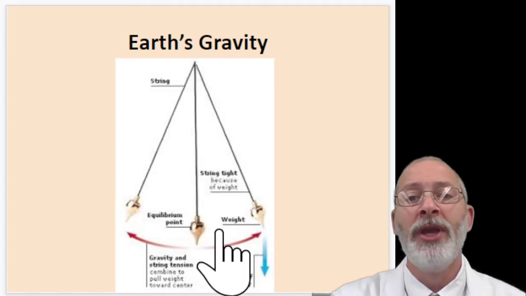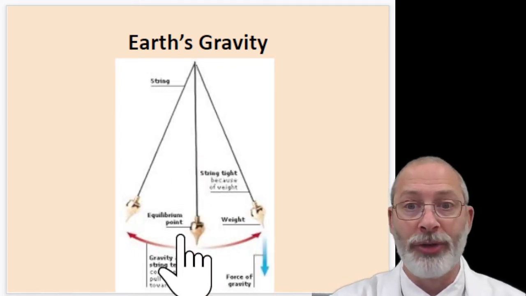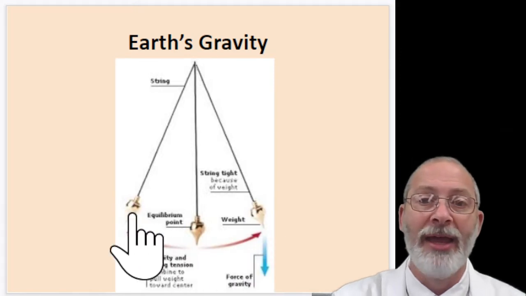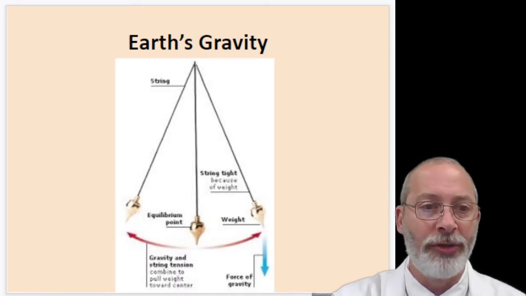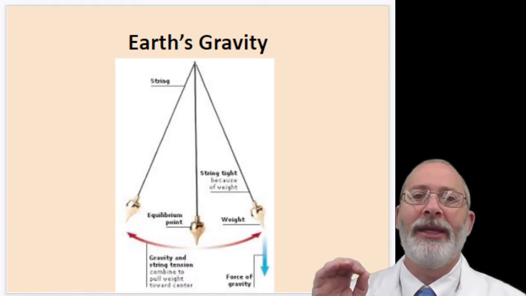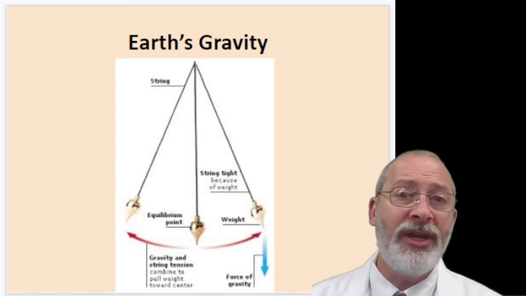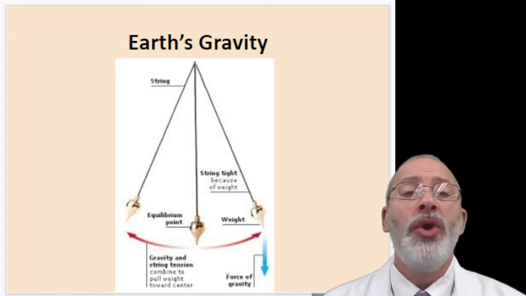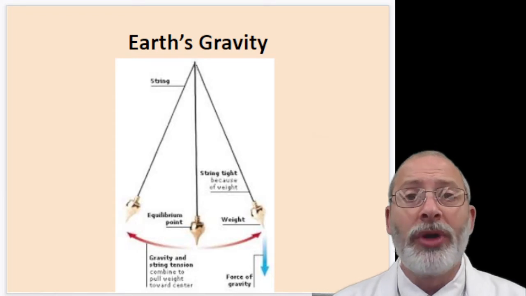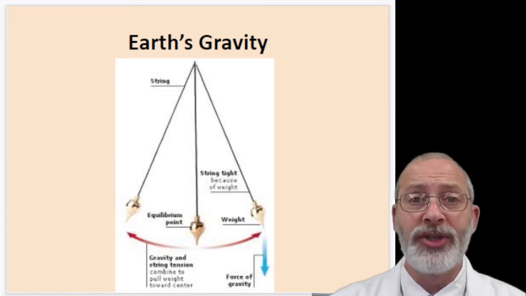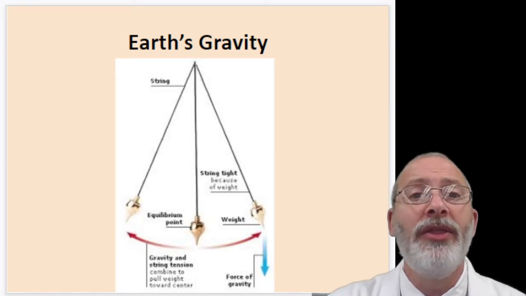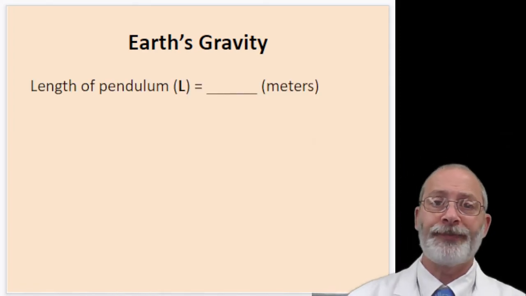But the string prevents it from going all the way down to the ground. So it's just going to go back and forth and back and forth. Well, by collecting only certain pieces of information, thanks to Isaac Newton, we're going to be able to calculate Earth's gravity.